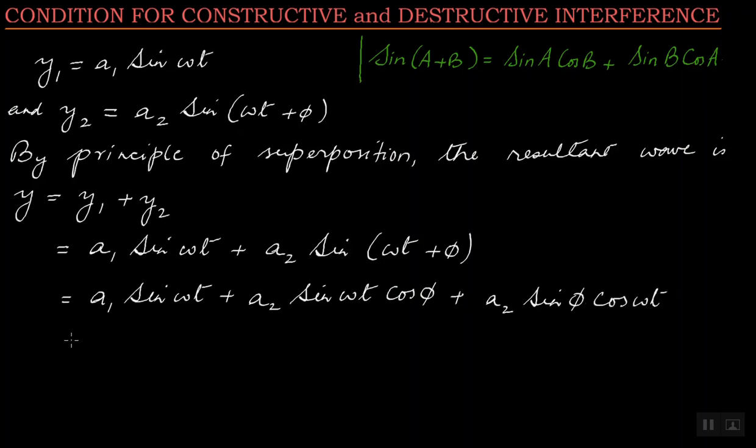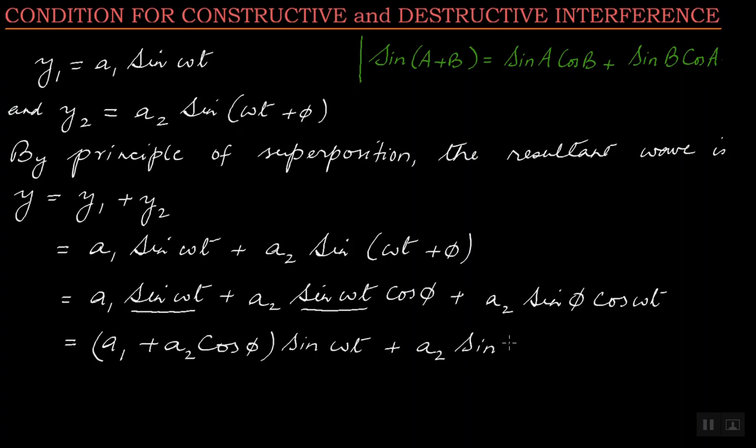I think this is clear, right? Now what I'm going to do is I'm going to take common sine omega t from the first two terms. So inside the bracket I have a1 plus a2 cos phi. Outside of the bracket I will have sine omega t, plus a2 sine phi cos omega t. Let's call this equation 1.